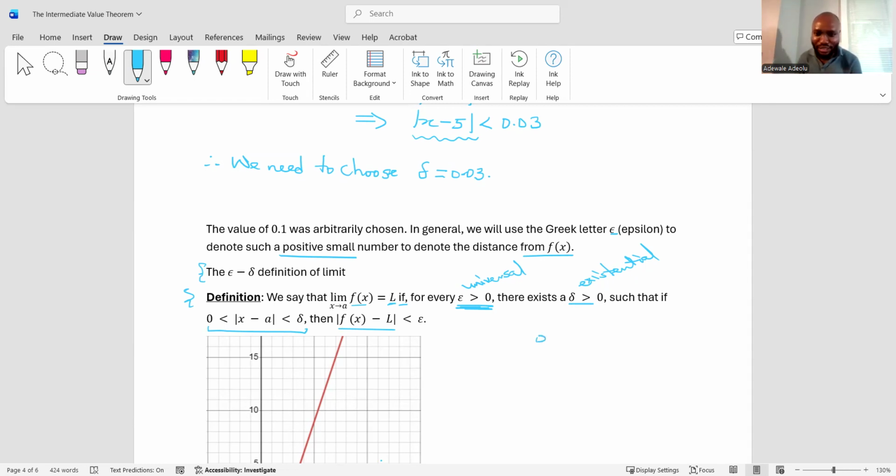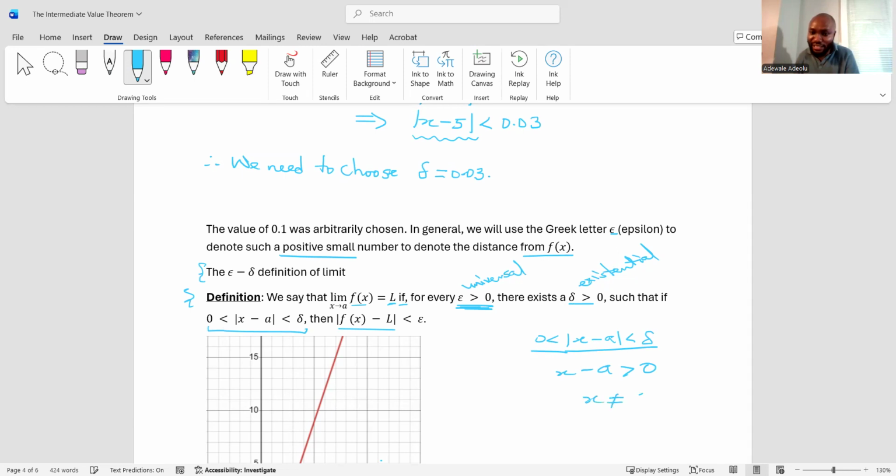Well, I said I want to break this down. It is nothing serious. x minus a less than delta. This part is clear to you. That means the distance between x and a, we want it to be less than delta. Fine. The 0 here, remember, is saying the distance between x and a is greater than 0. That is, x cannot be a.